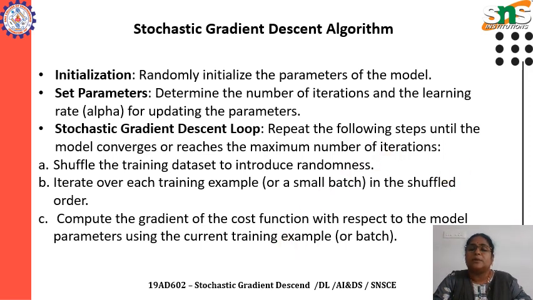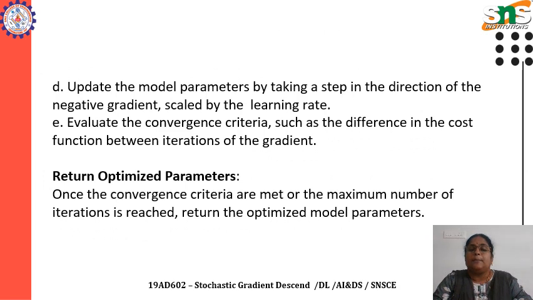These are some of the steps involved in the algorithm. Finally, update the model parameters by taking a step in the direction of the negative gradient, because initially the cost increases in one direction, then decreases in the opposite direction, right? Then evaluate the convergence criteria, such as the difference in cost between iterations.